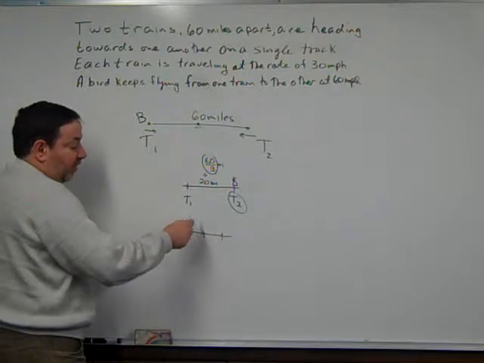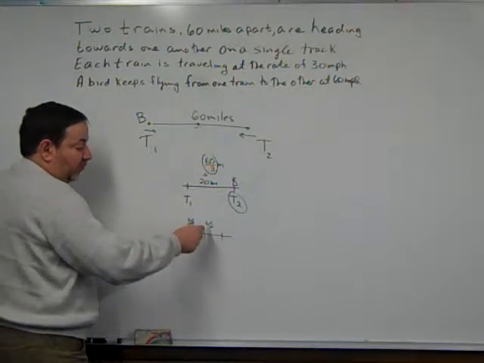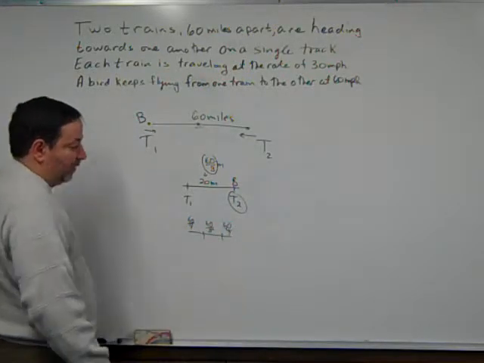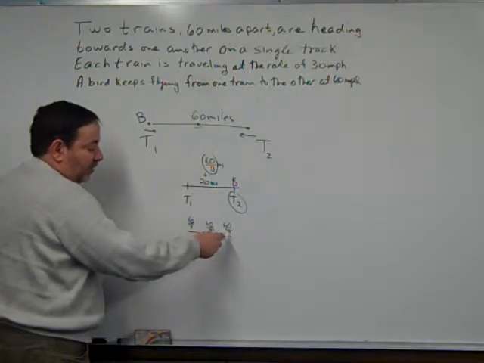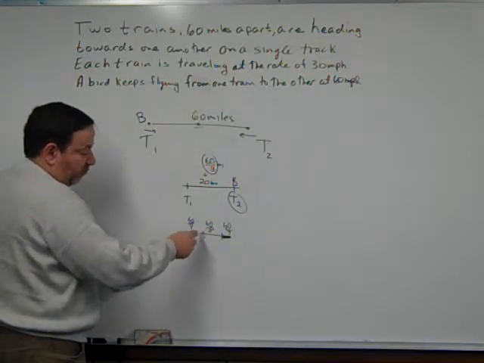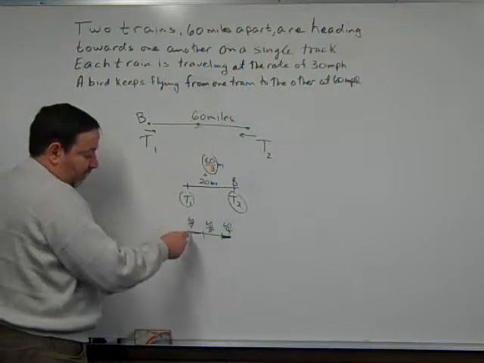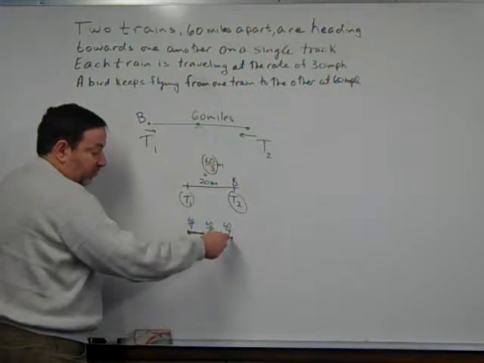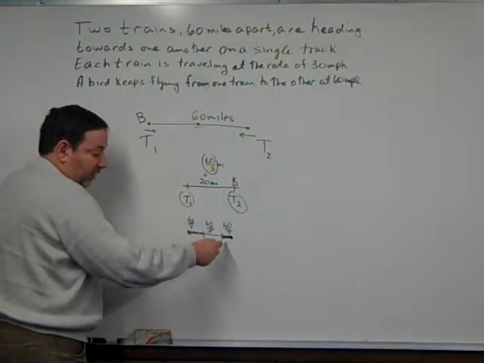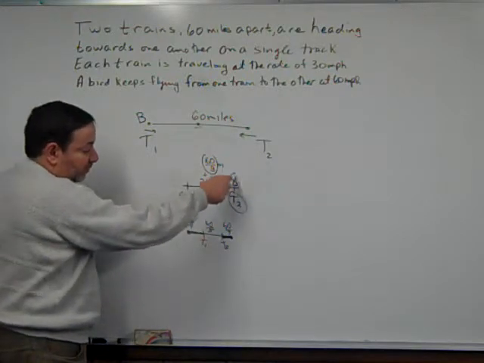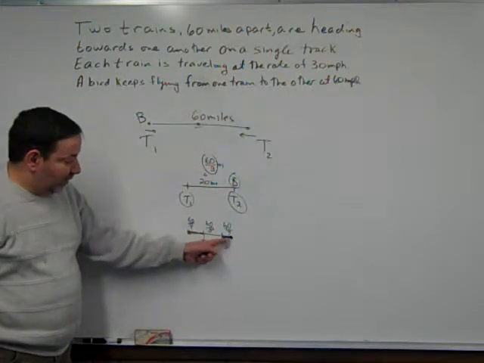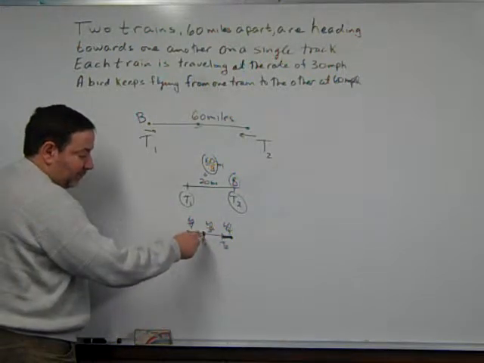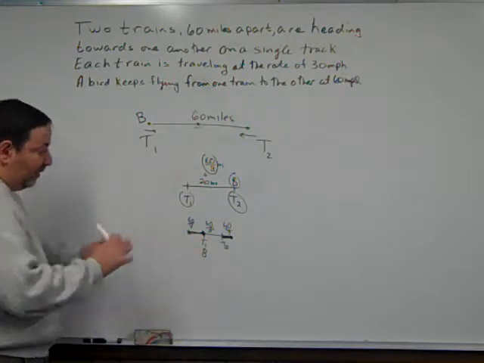You get 60 over 9, which is 60 over 3 squared. Train 1, which is right here, goes to here. Train 2, which used to be right here, now goes here. And the bird, which is on the right side, goes 2 distances. It goes right here. That's why we stop the picture.